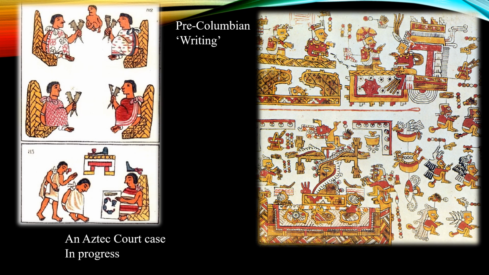You see a little symbol there in a couple of places of a little kind of like a deer head or a rabbit's head. This is a month marker. And they're different year markers, different day markers. And so they do have writing that has clear indications. It's just not easy to transmit. In other words, a scribe would have to take years and years and years to understand how to do this.